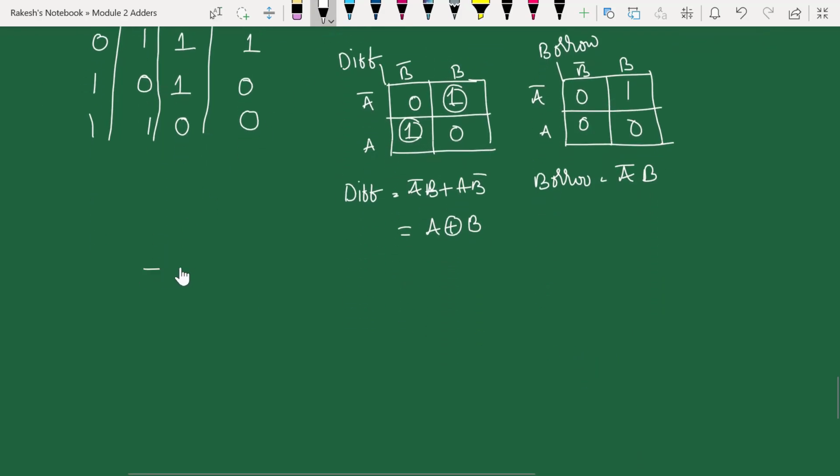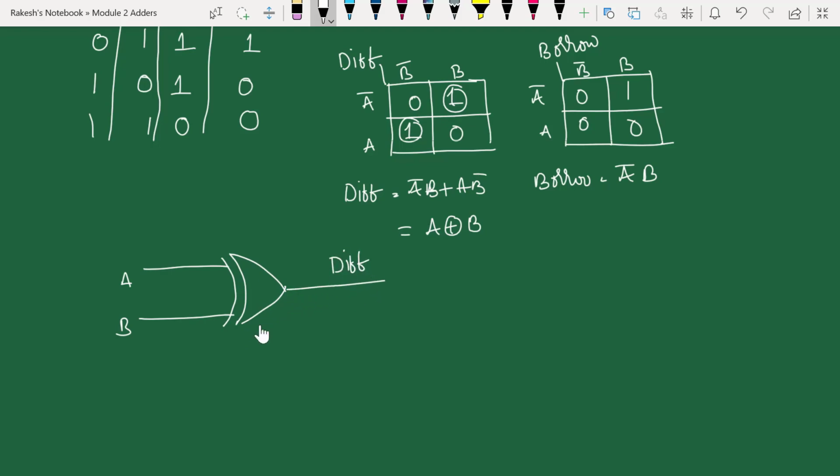So my circuit will have two inputs, that is A, another one is B, and you are going to have one XOR gate to produce the difference, and A bar B will be producing your borrow.